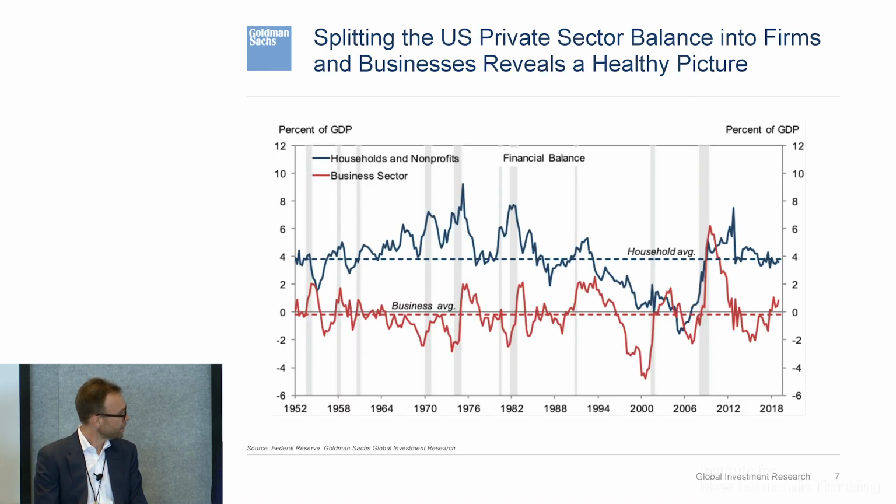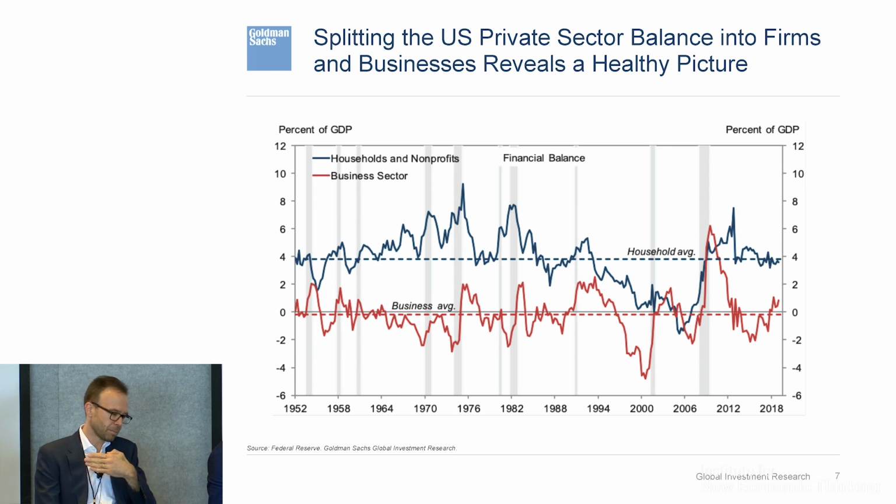That's basically some of the historical observation. I would say right now, this perspective doesn't make me particularly nervous. When I look at the overall US private sector balance, it's about plus 4% of GDP. That's roughly the historical average.